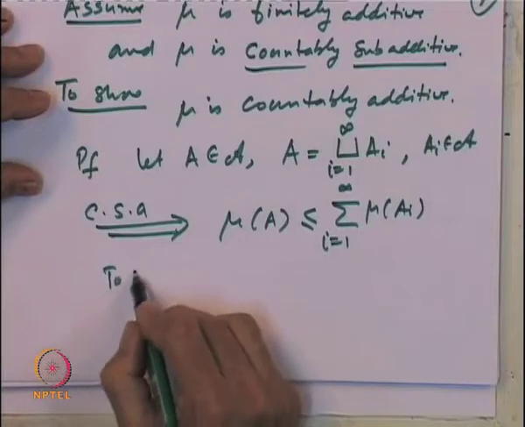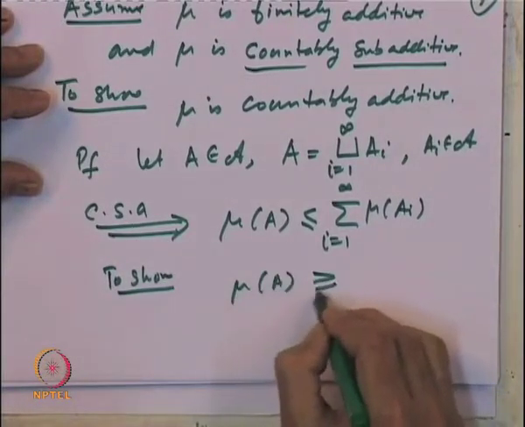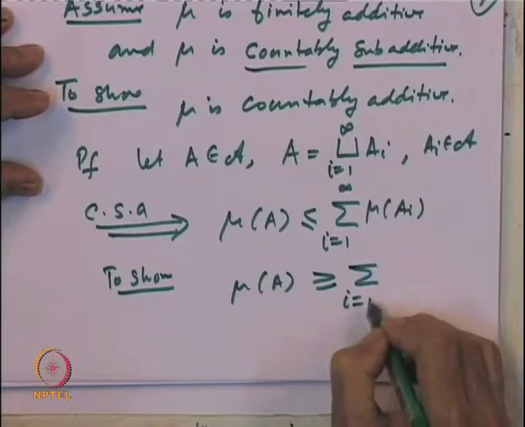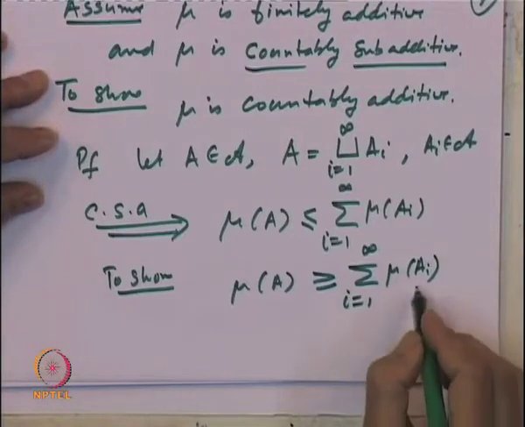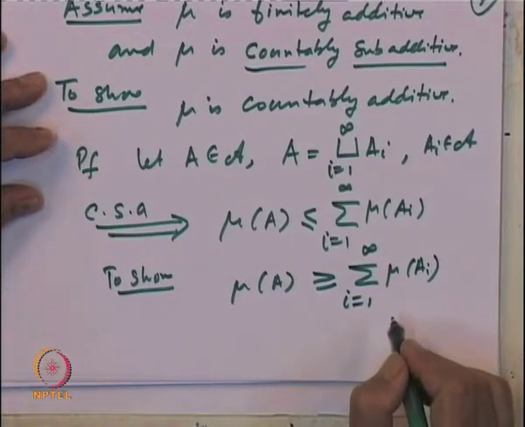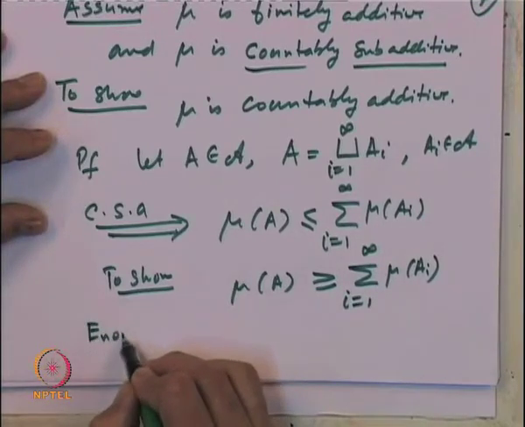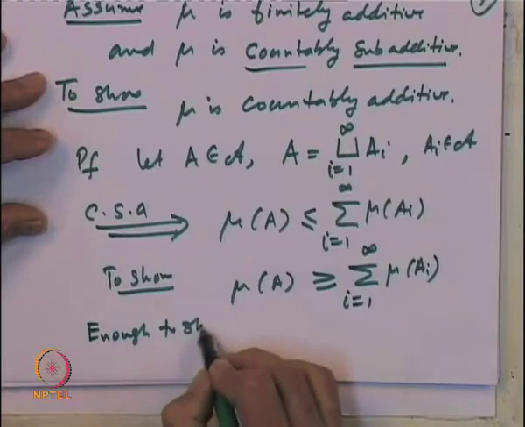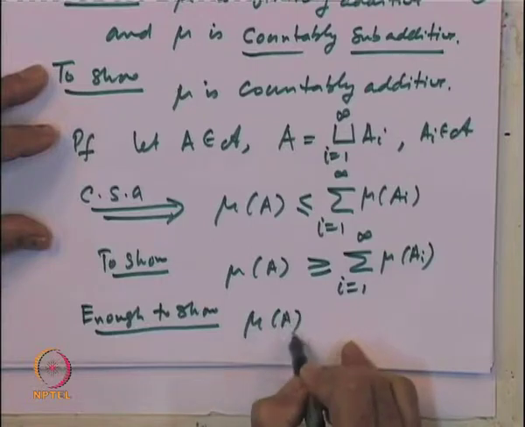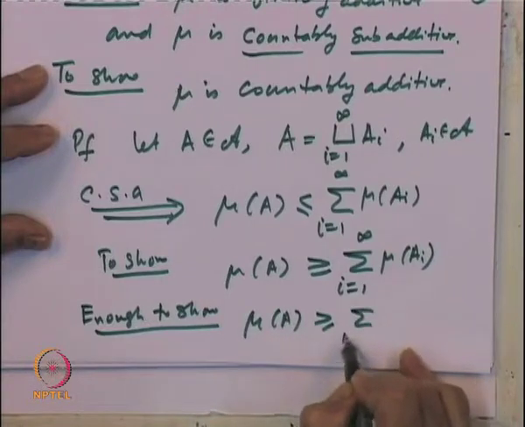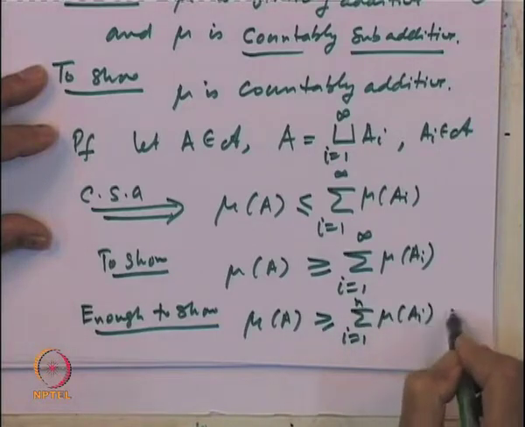So, to show that mu of A is also greater than or equal to sigma i equal to 1 to infinity mu of A_i. Right. So, this is what you have to show, and note, here is a small observation: to show this, it is enough to show that mu of A is bigger than or equal to sigma i equal to 1 to n mu of A_i for every n.